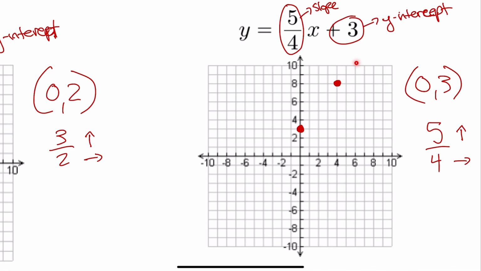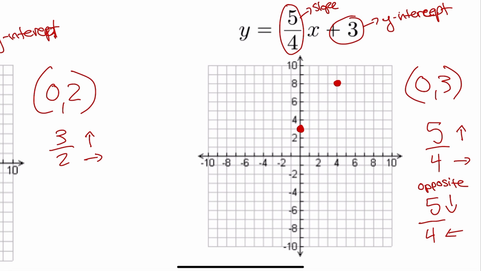So what I'm going to do, if I can't go forward, I'm going to go backwards. So I'm going to do the exact opposite of what we just did. So instead of going up 5, I'm going to go down 5 and to the left 4. I'm doing the opposite here.